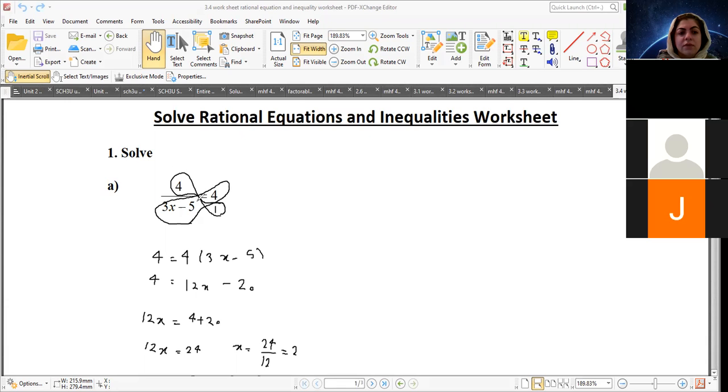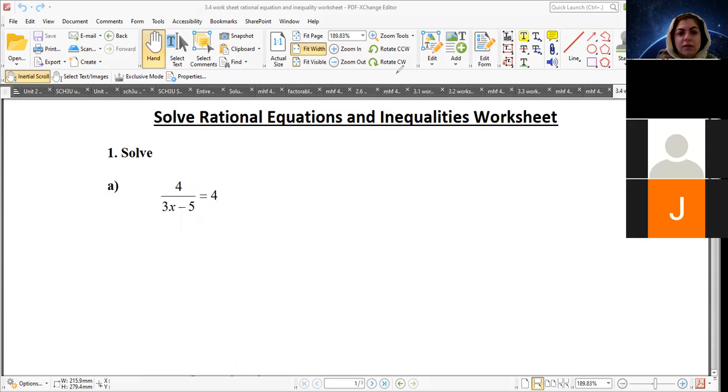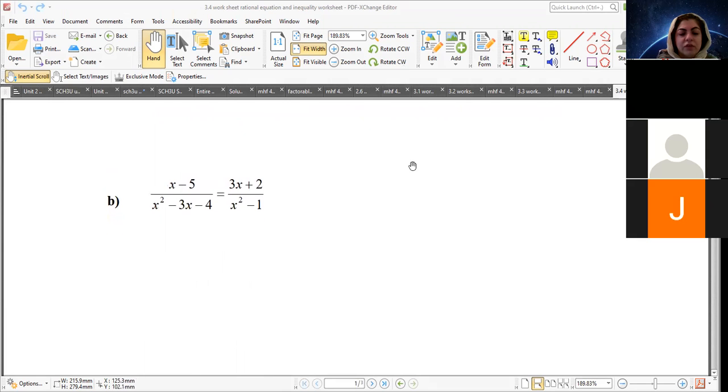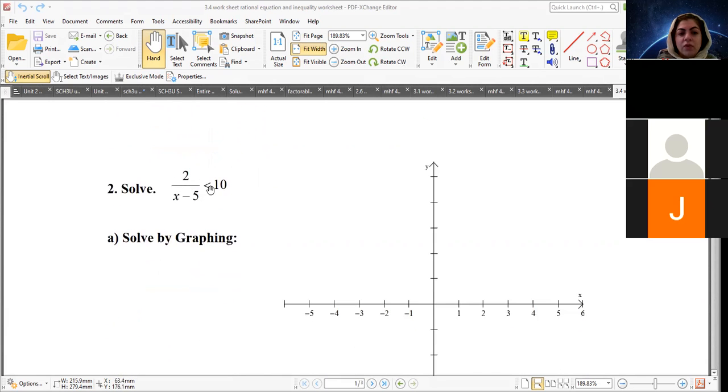So this is kind of crisscross. But for inequality, we never do crisscross. You have to move everything to the other side. This example is solved in the notes, you look at that. For inequality, you have to move 10 to the other side and take the common denominator, 2x minus 5 minus 10 less than 0.